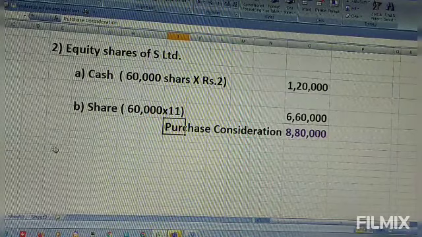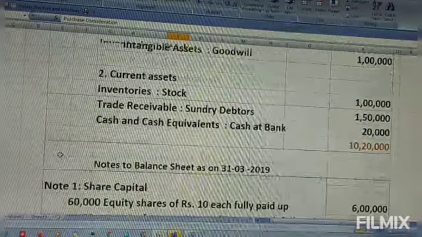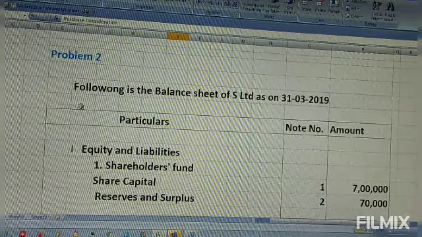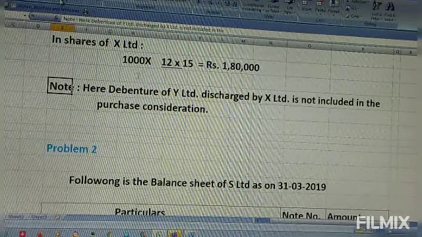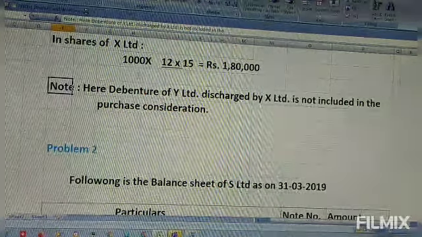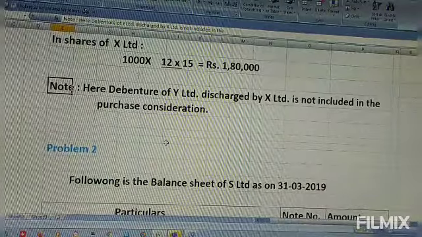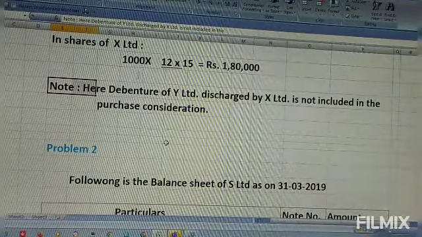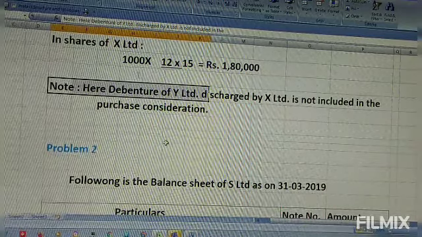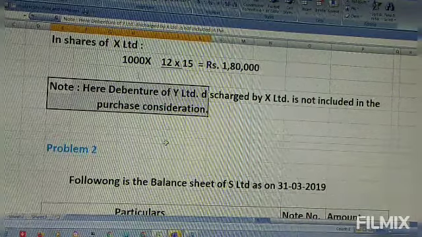We are not taking the debentures here because they are paid by the transferee company itself directly to the debenture holder.